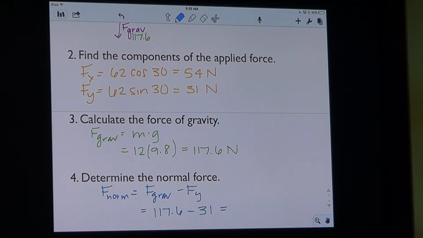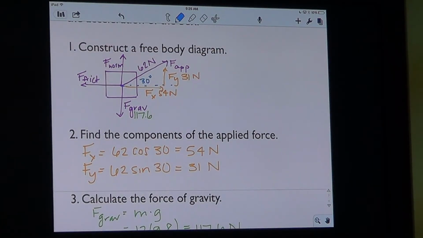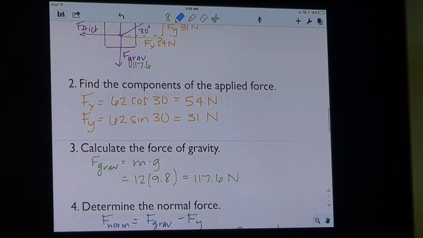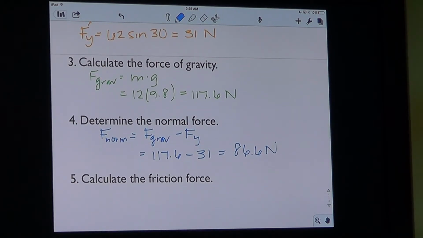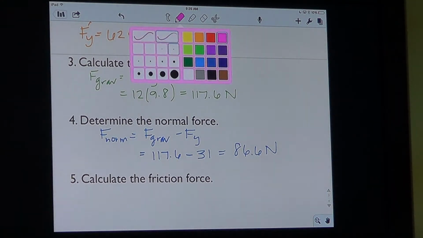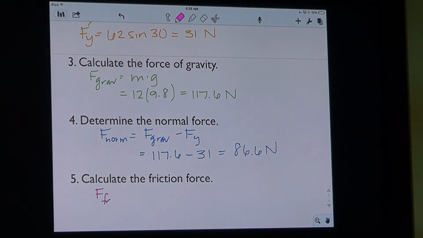And so the normal force is what? 86.6 newtons. Okay, and then we can calculate the friction force because they did give us the coefficient of friction. So the friction force is going to be mu times the normal force.